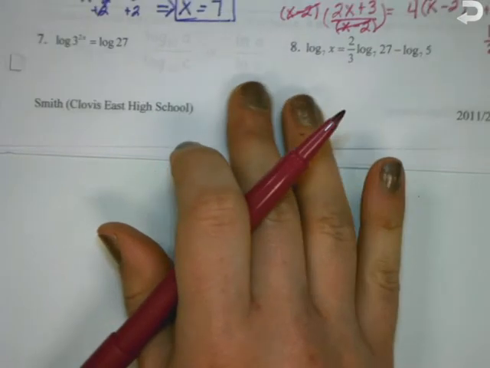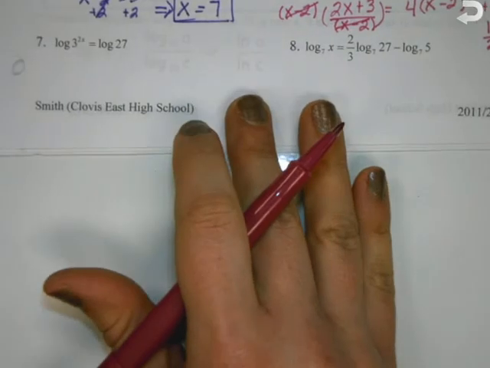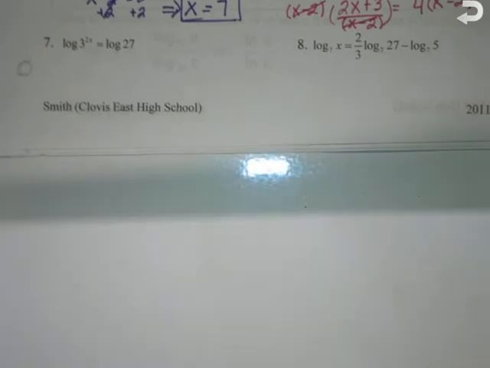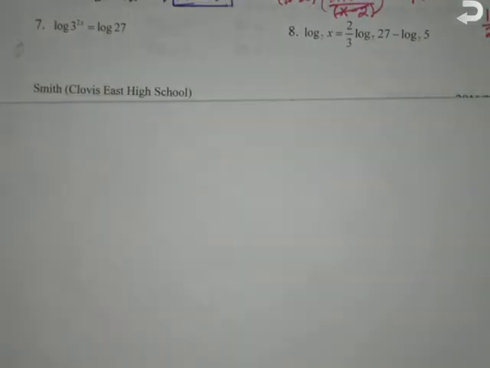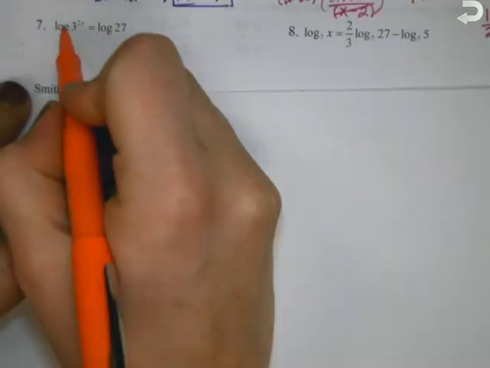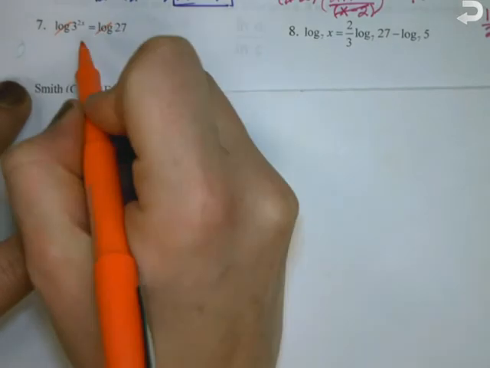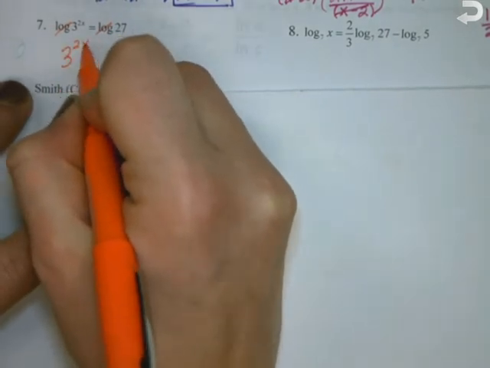Number 7. Log of 3 to the 2x equals log of 27. Are my bases the same? Yes. So we can cancel those bases. So we're just left with 3 to the 2x equals... Can we rewrite 27 as a base 3?